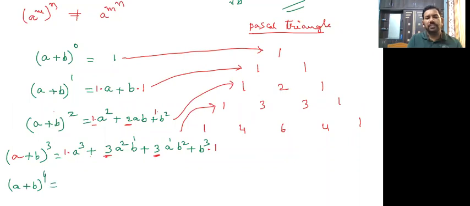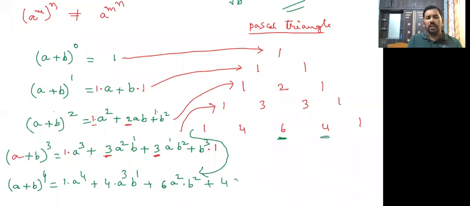See the coefficients. These are the coefficients we want to use now. 1 into a power 4 plus 4 into a cube. When one is decreasing, automatically the other is going to increase. Plus after 4 what is it? 6 a square into b square plus 4 into a b cube.